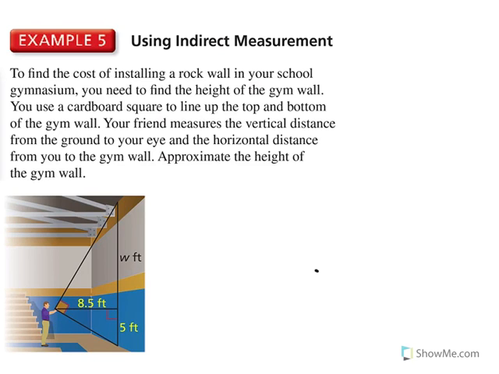This last problem, example 5, uses indirect measurement. We're going to use the triangle that we just figured out how to do with geometric mean, or, like I said, you can do the similar triangles. Now, in this problem, would this necessarily be the best form of indirect measurement? Maybe not. There are better ways to do this problem, but in this case, this is how they did it.